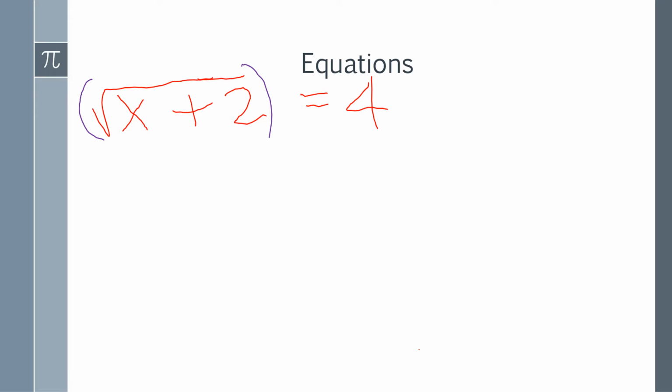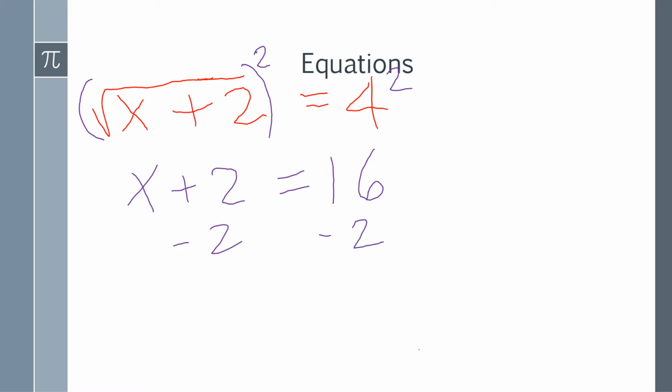Well, the reciprocal of the half power is 2. So square both sides. You get x plus 2 equals 16. Subtract 2 from both sides. You get x equals 14. All right.